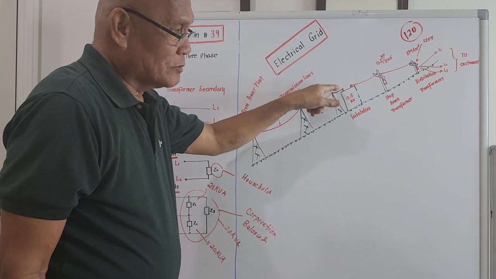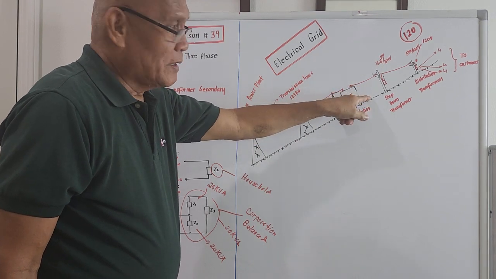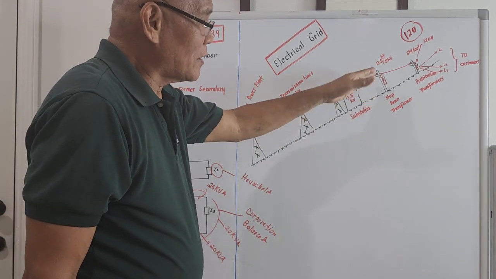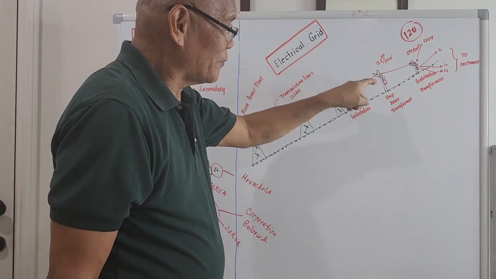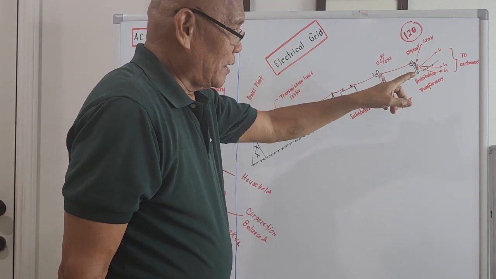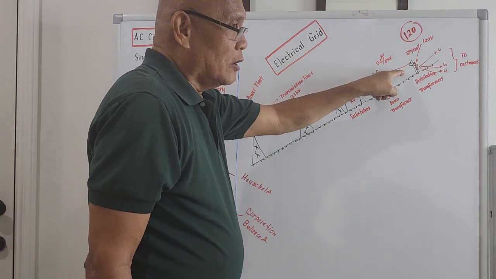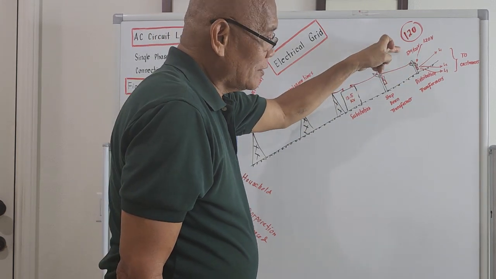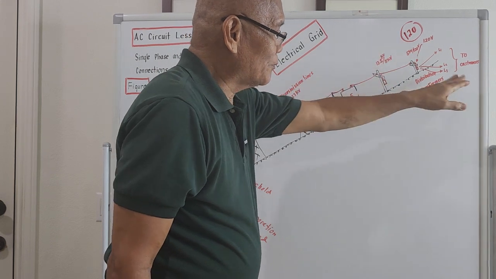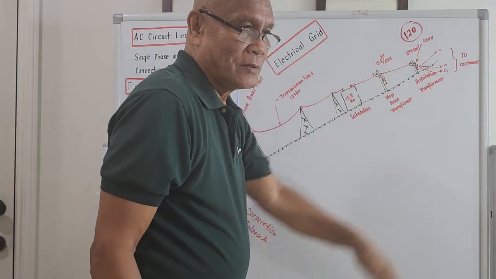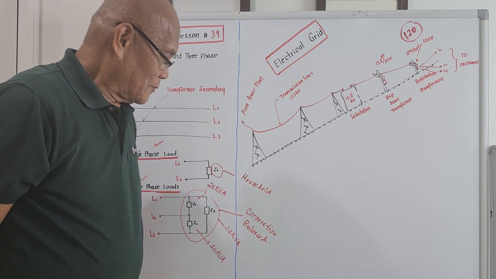These substations go to the primary lines. And on these primary lines, there are step-down transformers which will feed the secondary lines. And on these secondary lines, there are again distribution transformers which will step down that 5 kV to 120 volts for house customers.